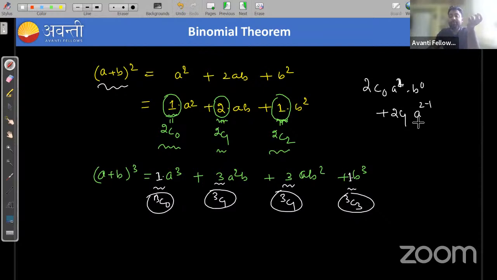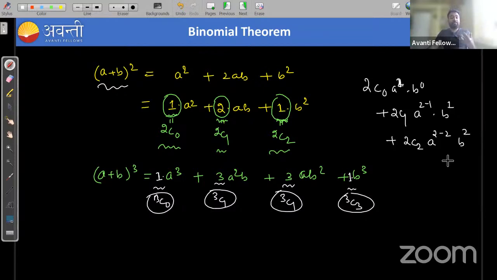So the power of a decreases by 1 and the power of b increases by 1 in the second term. In the third term, 2c2: again the power of a decreases by 1, that is 2 minus 2, which is 0, and the power of b increases by 1, that is 2.